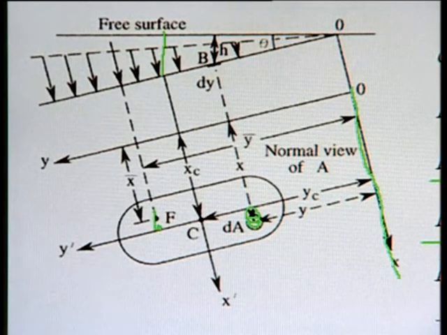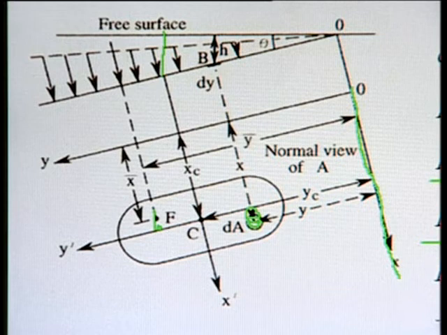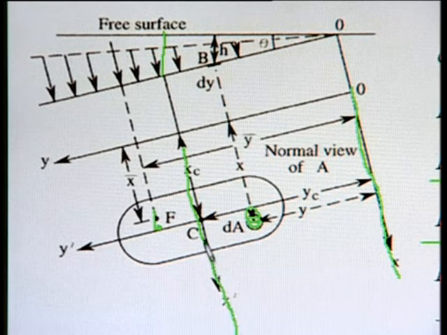By using the concept of second moment of area we can write y bar is equal to I_x dash divided by y_c A, plus y_c, where I_x dash is the moment of inertia about this axis which is passing through the centroid of the area and parallel to OX, and y_c is the distance measured in the y direction for this figure from O to C, the centroid of the area.